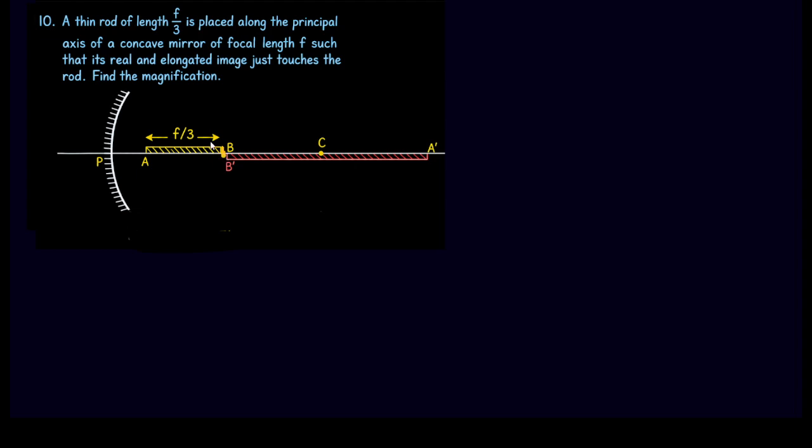But because of the remaining part, elongation may happen. A is at some other location. B is the same here, and A is located here. So at the point B, can I say that B is nothing but the center of curvature?